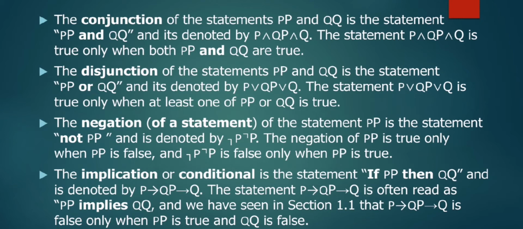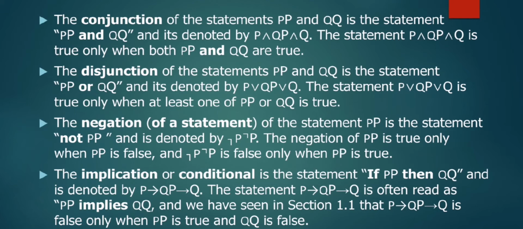So the negation of the statement P is the statement not P, and it is denoted by the symbol like this. The negation of P is true only when P is false, and the negation of P is false only when P is true. The last is the implication or conditional.